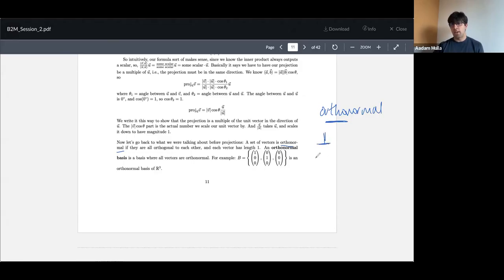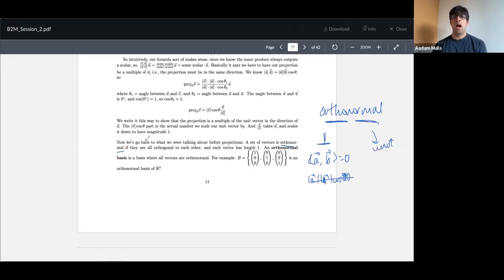Another way of seeing perpendicular is that the inner product between A and B equals 0. That's what perpendicular means, because the inner product between A and B is magnitude of A, magnitude of B, cosine theta. And if they're perpendicular, then theta is 90 degrees, and then cosine 90 is 0. So that's why that comes out. And normal just means unit vectors. Unit. So length of 1.